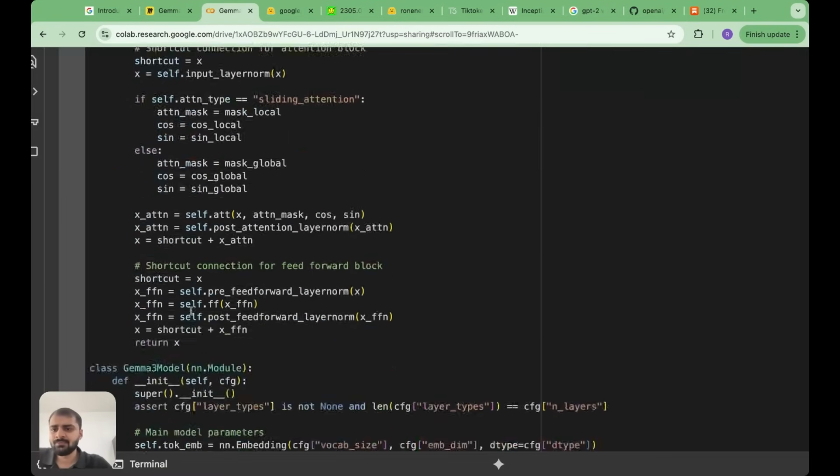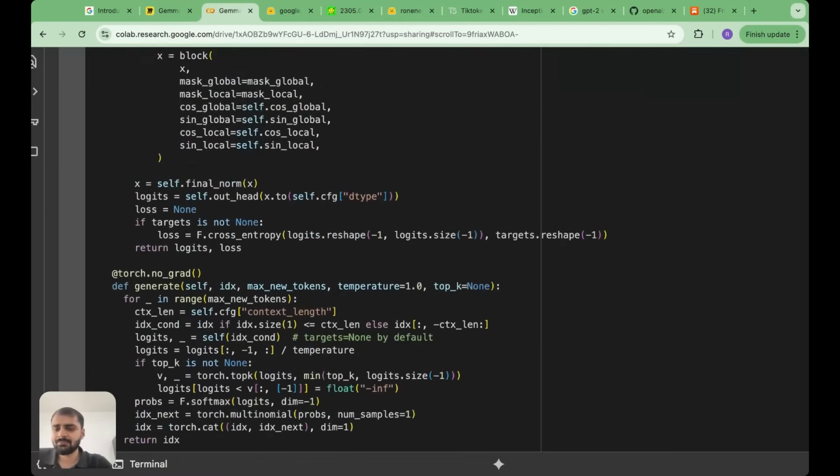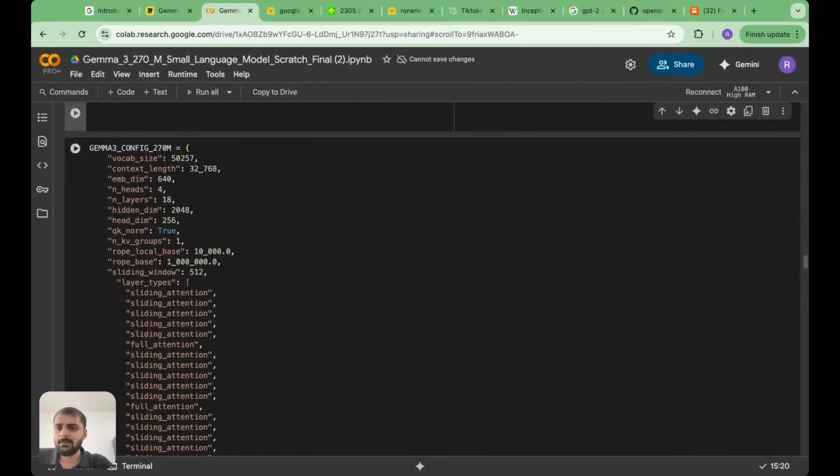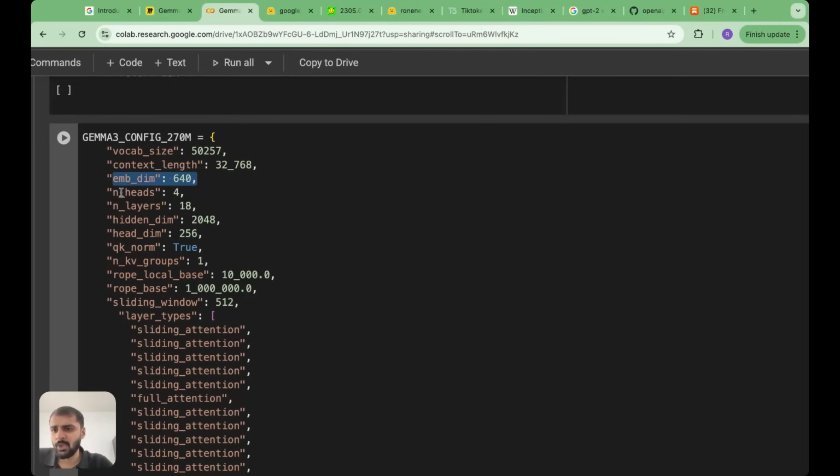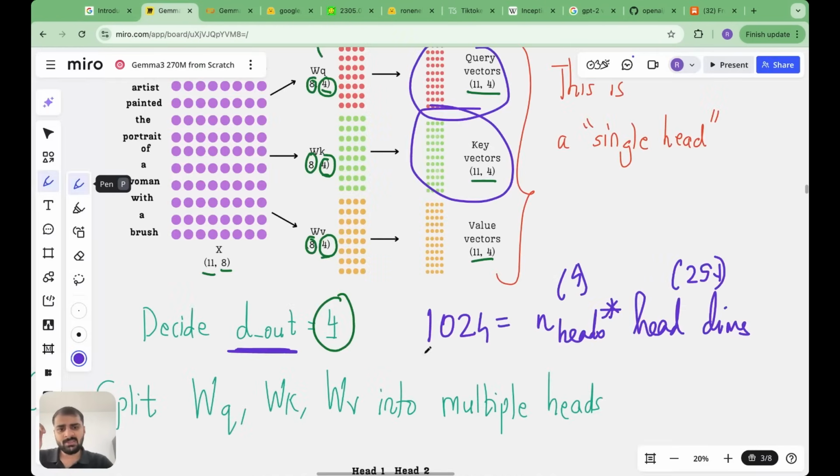If you scroll down below, you will see that the embedding dimension is 640, which we already saw. The number of attention heads is 4, and the head dimension is 256. So d_out is 256 multiplied by 4. That's 1024. So d_out is n_heads times head dimension, which is 1024.